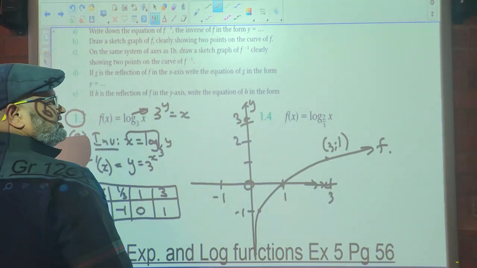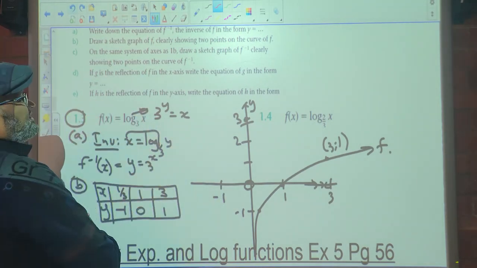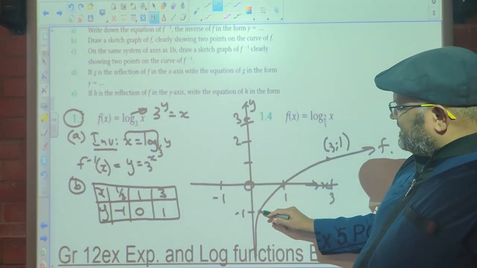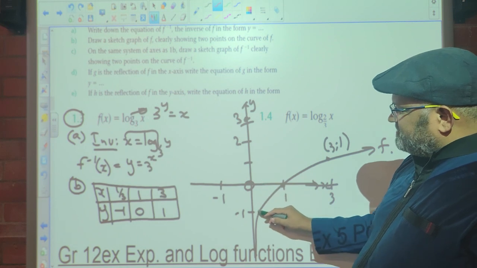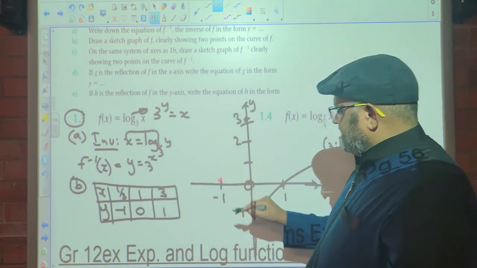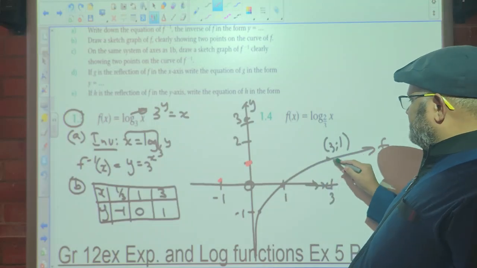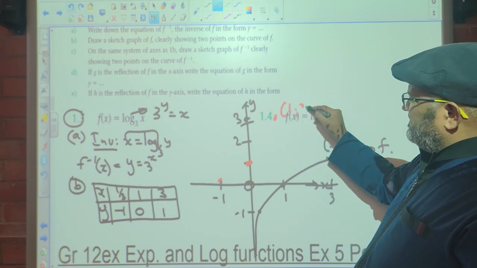They want you on the same system of axes as 1p, draw the sketch of the inverse function. So we're going to interchange x and y. So 1 and a third becomes a third and 1, and -1 and a third becomes a third and -1. 0 and 1, 1 and 0 becomes 0 and 1. 3 and 1 becomes 1 and 3.